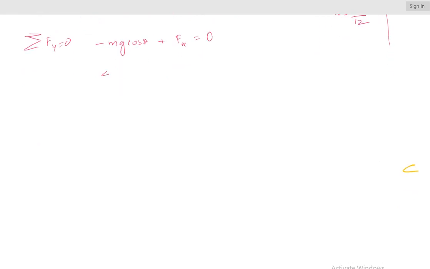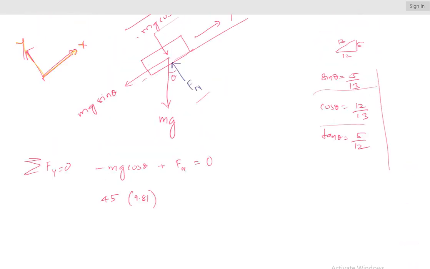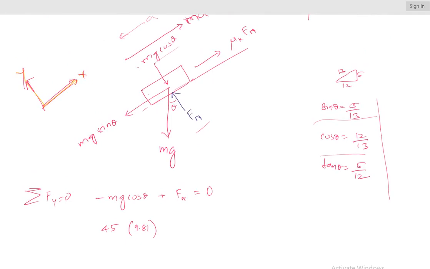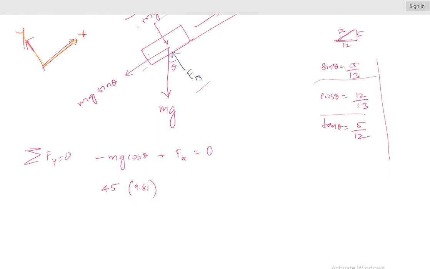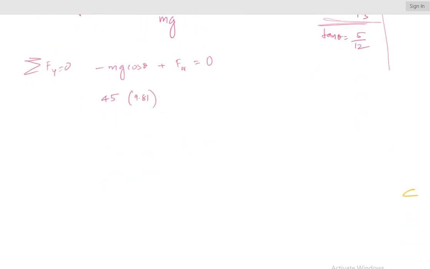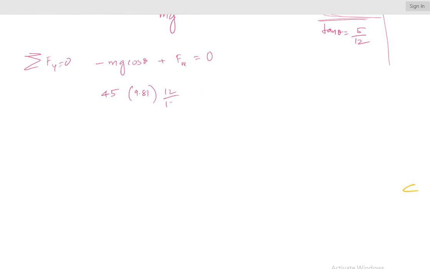So the mass is 45 kg times 9.81 cosine theta. Here we're not given theta, but we're given this in terms of the proportions of a triangle. So if this is 5, this is 12, the hypotenuse should be 13. So cosine theta would be 12 over 13. 12 over 13 equals Fn.